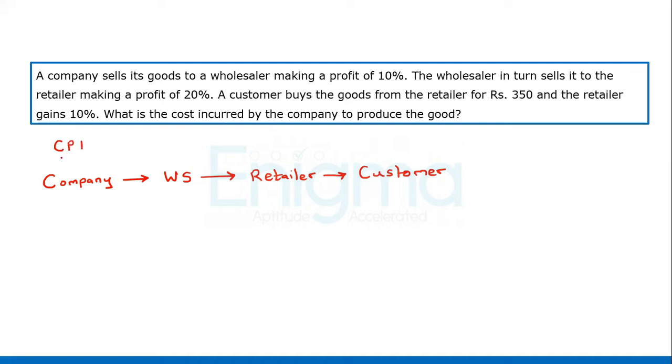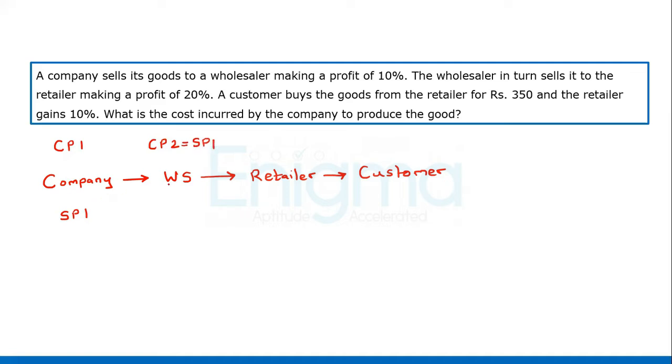So cost price 1. Now the company sells it to the wholesaler. So the company's selling price, let's name it as selling price 1, is equal to the cost price for the wholesaler. So cost price 2 is nothing but selling price 1.